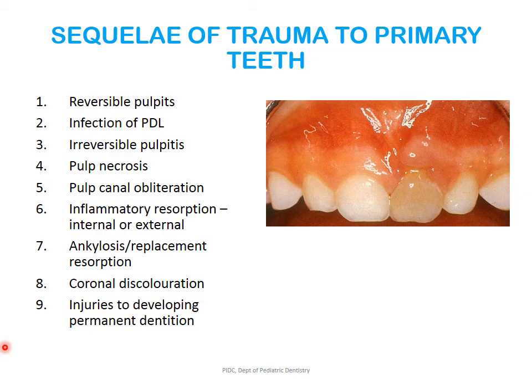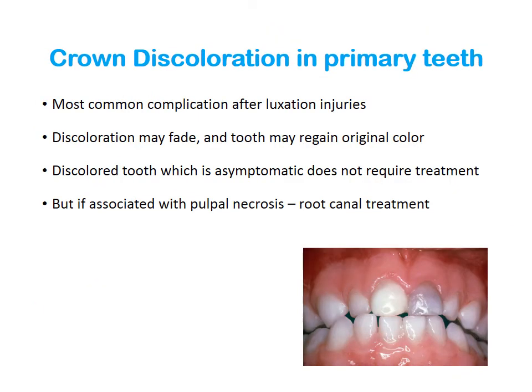Any crown discoloration, as you can see here, and injuries to the developing permanent dentition. And these injuries to the permanent dentition may be because, as I've already discussed, the apex of the primary tooth can impinge on the permanent tooth or tooth germ.